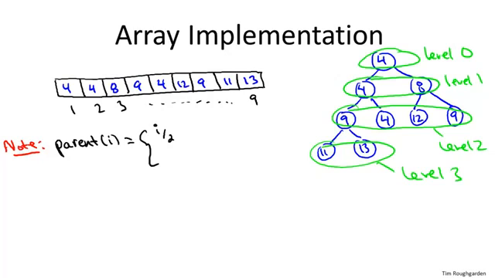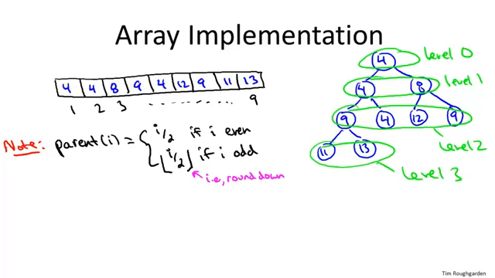And if i is odd, then it's going to be i over 2. Okay, that's a fraction, so we take the floor. That is, we round down to the nearest integer if i is odd. So, for example, the objects in positions 2 and 3 have as their parent the object in position 1. Those in 4 and 5 have the one in position 2 as its parent. 6 and 7 have as their parent the object in position 3, and so on.